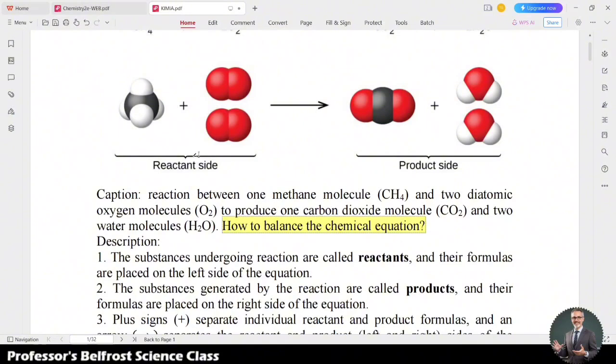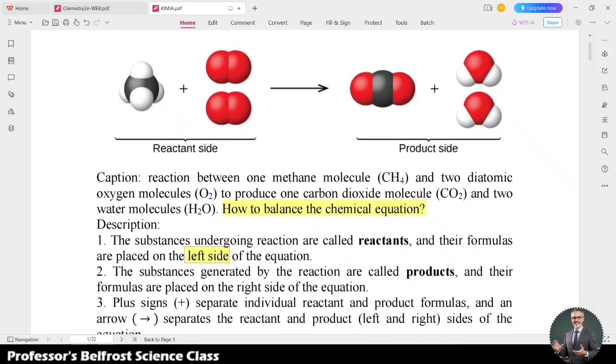Okay, so the first thing to be pointed out here is that the substances undergoing reaction are called the reactants, and their formulas are placed on the left side of the equation, as shown in the previous figure. And the substances generated by the reaction are called the products, and their formulas are placed on the right side of the equation, which is also pointed out on the previous figure.